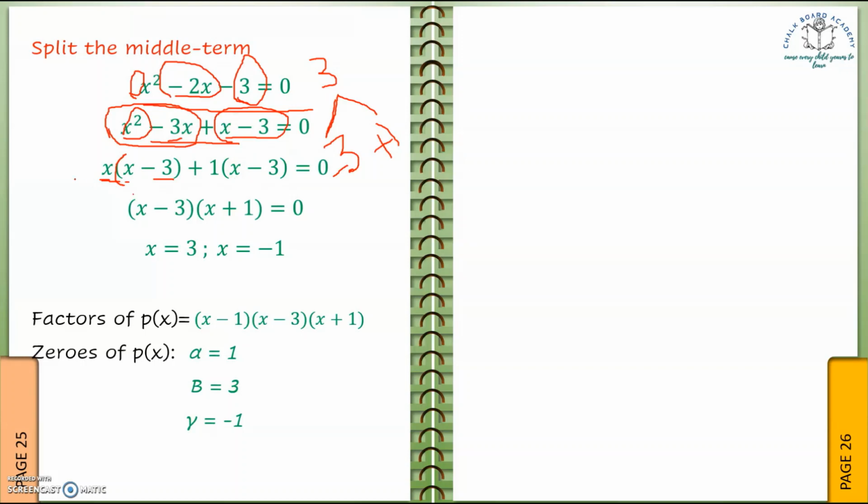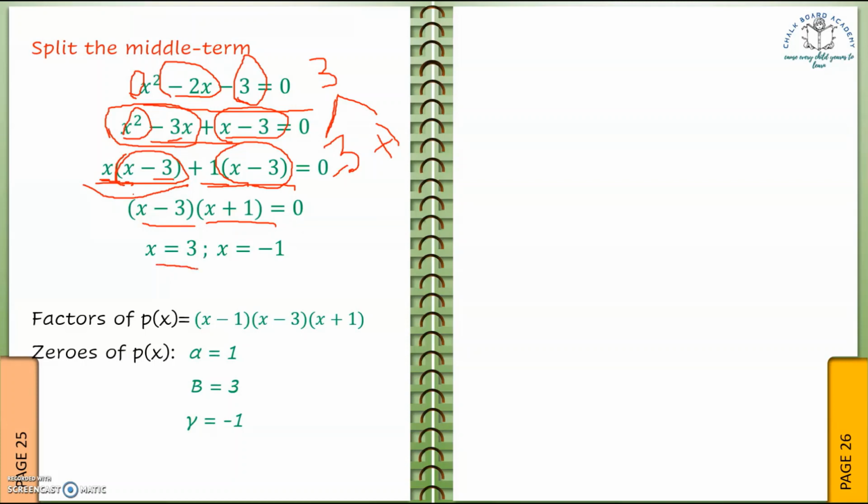Now we got two terms here, x minus 3 plus 1 times x minus 3. In these two terms we see that x minus 3 is same. So we are taking x minus 3 as common. The left out are in this bracket, that is x from the first term and 1 from the second. Now x minus 3 and x plus 1 is equal to 0.